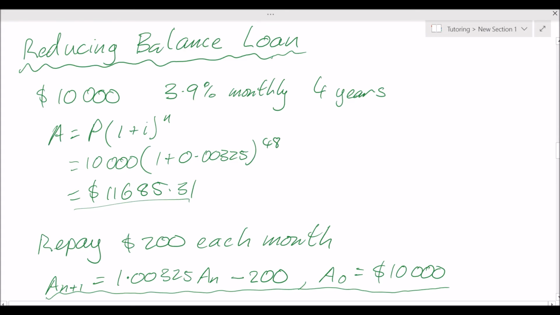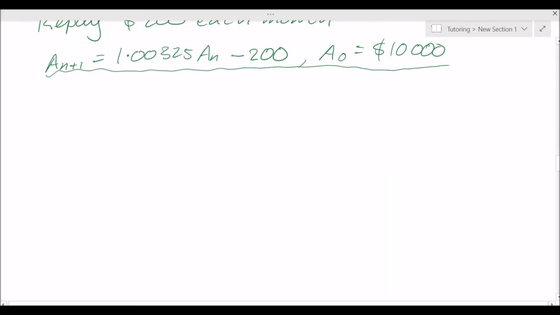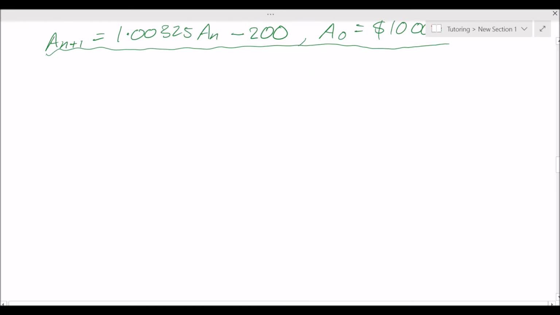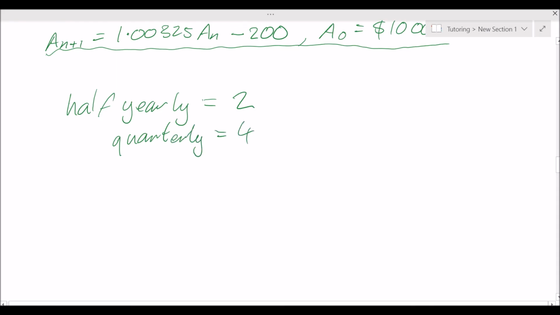So that basically brings us to the end of the theory stuff. I would definitely recommend that you practice questions with different values, different compounding periods, okay? I've used monthly this whole time, but don't forget there's also half yearly or semester or semi-annually, which would be 2 times per year, quarterly, there's 4 quarters in a year, so quarterly or each season.